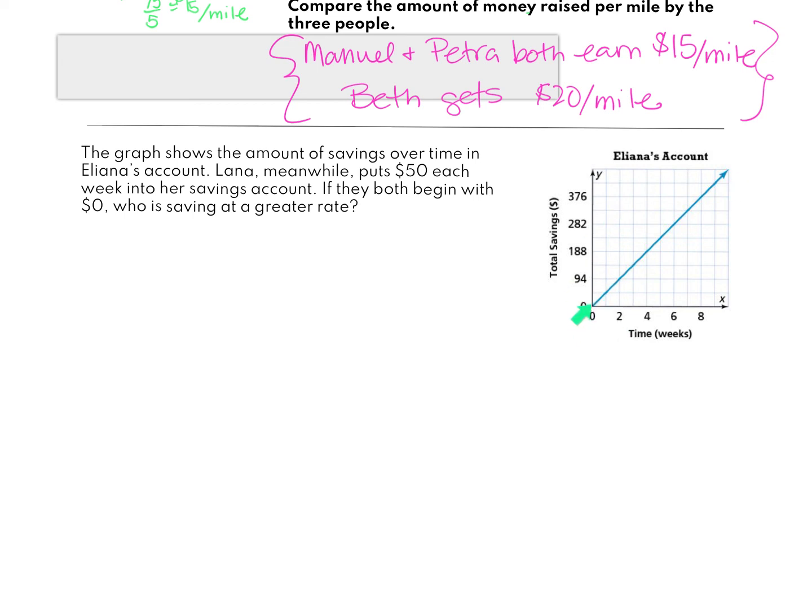We're starting at 0, and 2 blocks goes up 94. So my change in y over my change in x: my change in y is 94. I'm going to divide that by 2, since I go over 2. That's going to give me $47 per week.